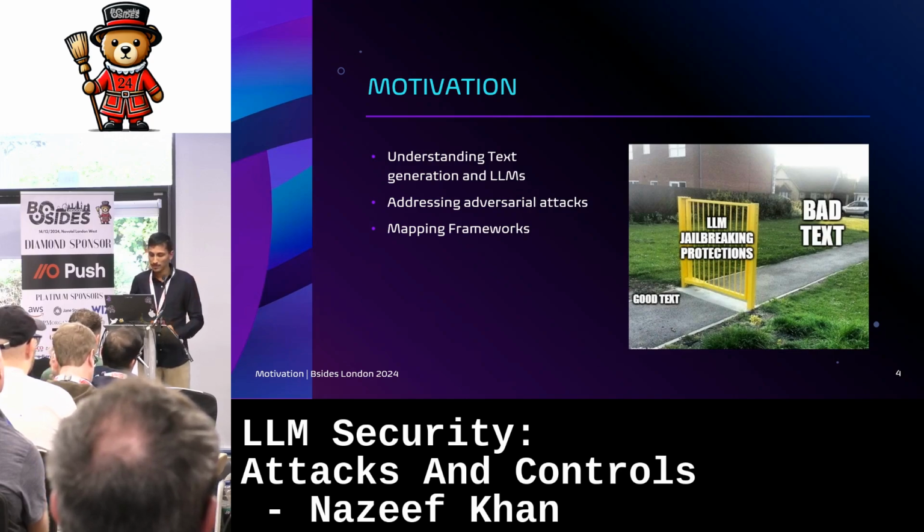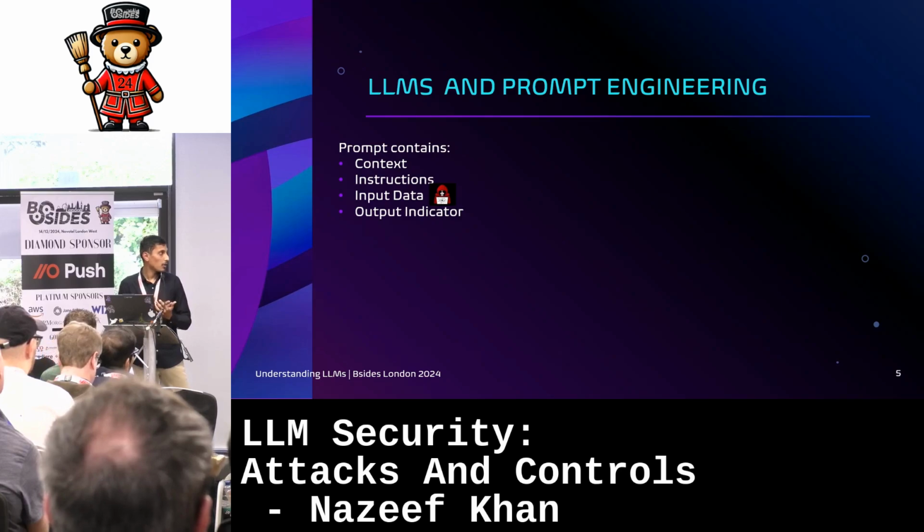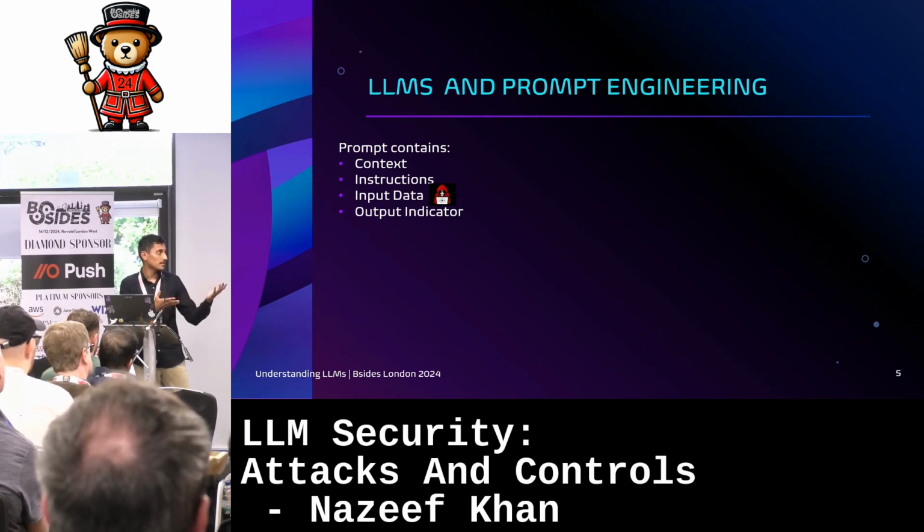but I don't think I'll be discussing the mapping of the frameworks in this presentation. Moving on, what is a prompt basically? A prompt is a string of data that's sent to a large language model. It consists of a context, instructions, input data, and an output indicator. I have marked input data with a hacker symbol because this is what you call untrusted data.